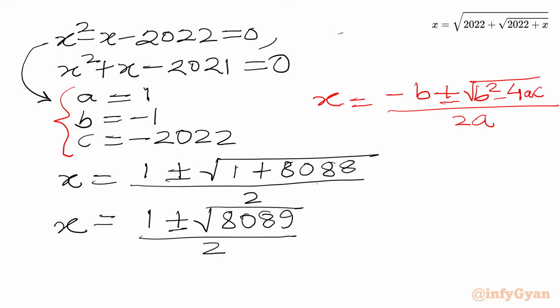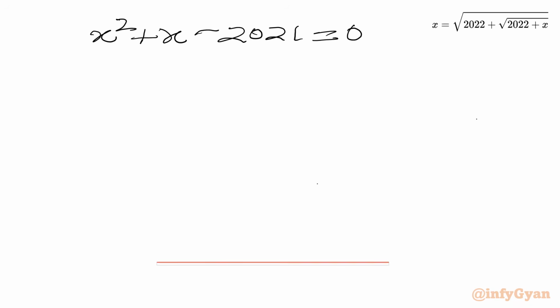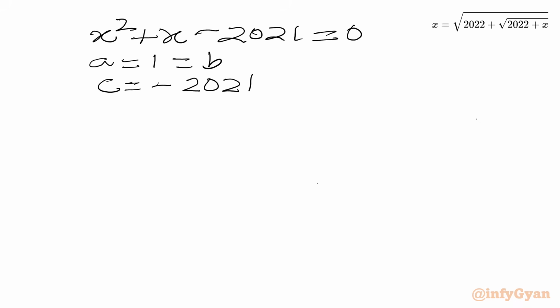Now we will take up the second quadratic equation. x square plus x minus 2021 equal to 0. As per our equation, a is 1, which is equal to b also, and c is the constant minus 2021.